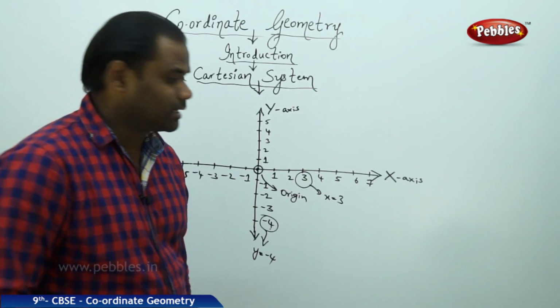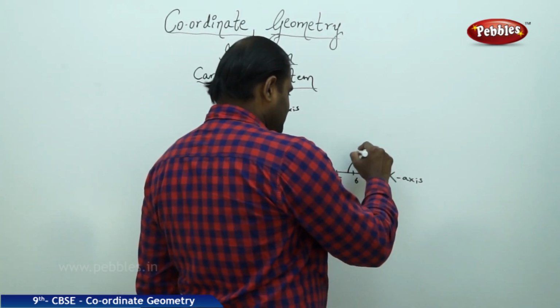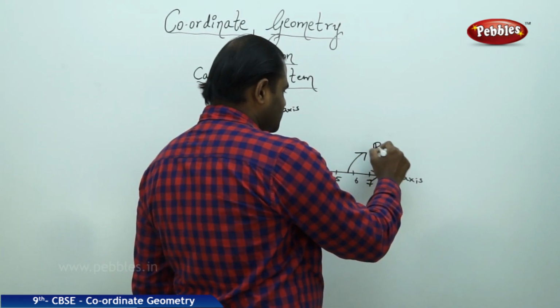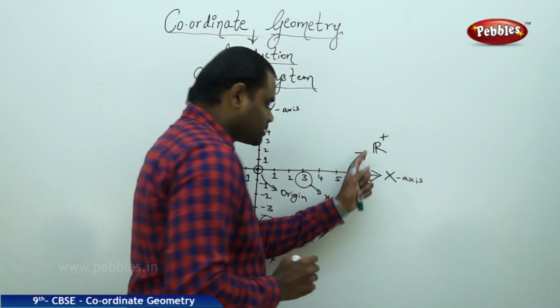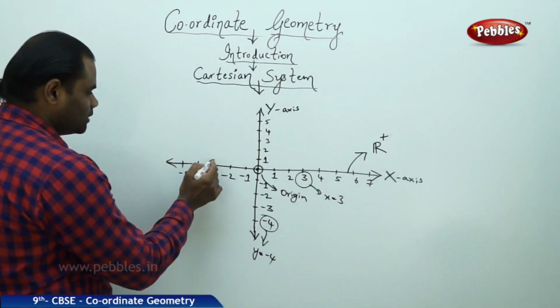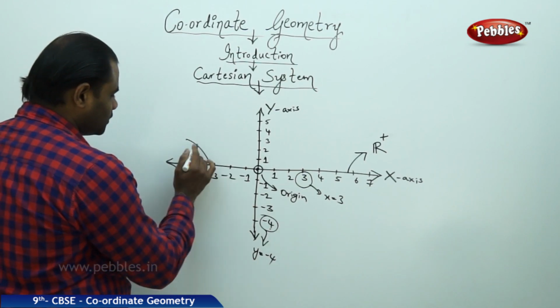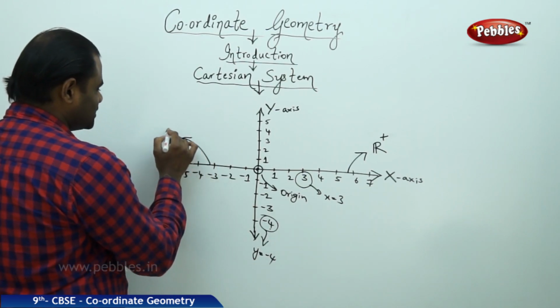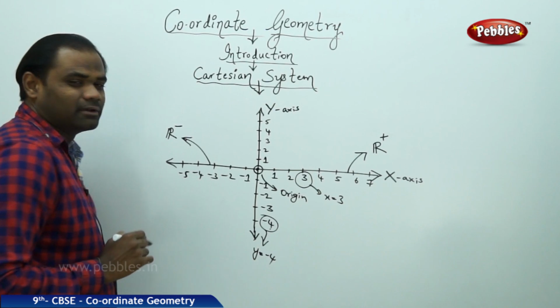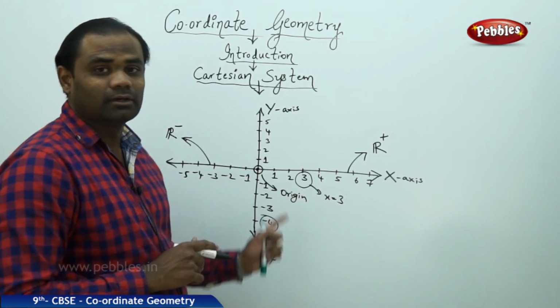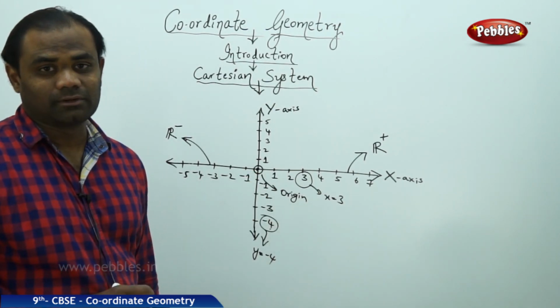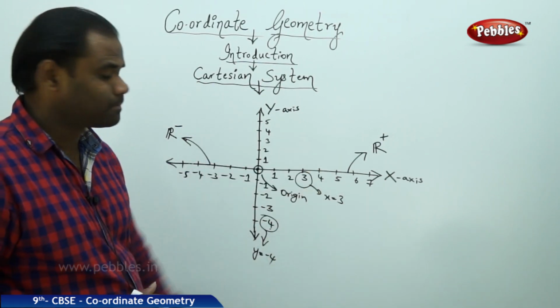All the numbers on the right side of the x-axis are positive real numbers, and all the values on the left side of the origin on the horizontal axis are negative real numbers, with the origin being the fixed point of intersection of both axes.